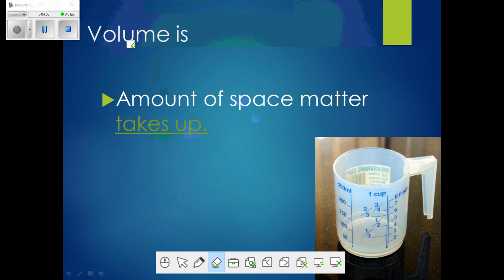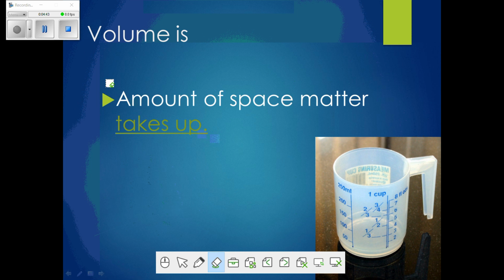Volume is the amount of space matter takes up. Did you save it?